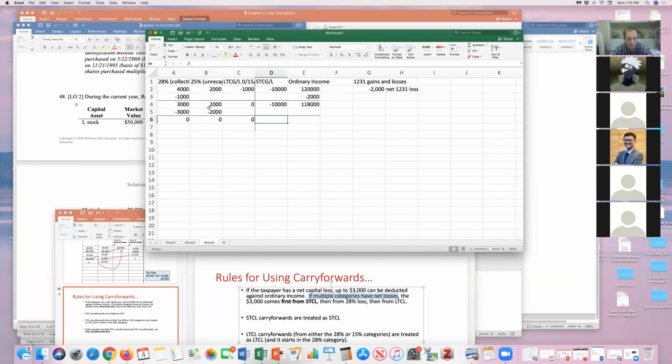I used up 3 plus 2, 5,000, so I still have $5,000 of loss left. 3,000 of that I could take here, again because the most I can take against ordinary income with these capital losses is 3,000. So that's going to reduce my ordinary income, and I have $2,000 that I couldn't use. This is going to be a carry forward.